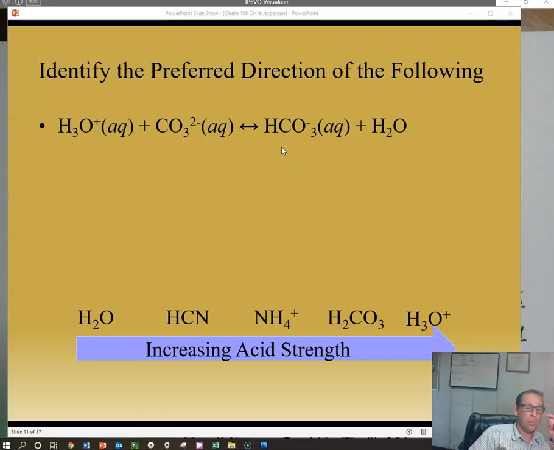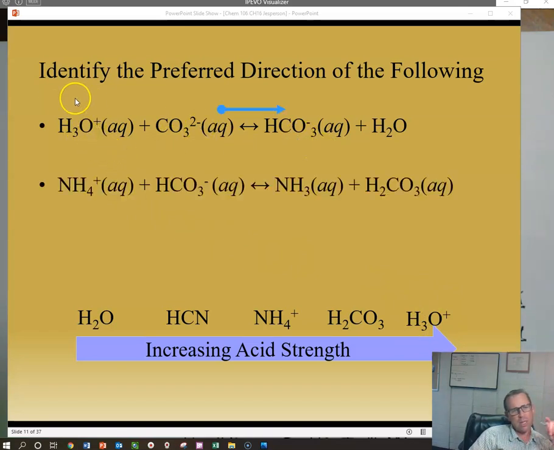Well, H3O plus is on this scale here, and it says it's the strongest acid. HCO3 minus isn't on the scale here, but the H2CO3 is on the scale, and it's not as strong as H3O plus. So we would say that this reaction is going to lean towards the right here, because H3O plus is the stronger acid.